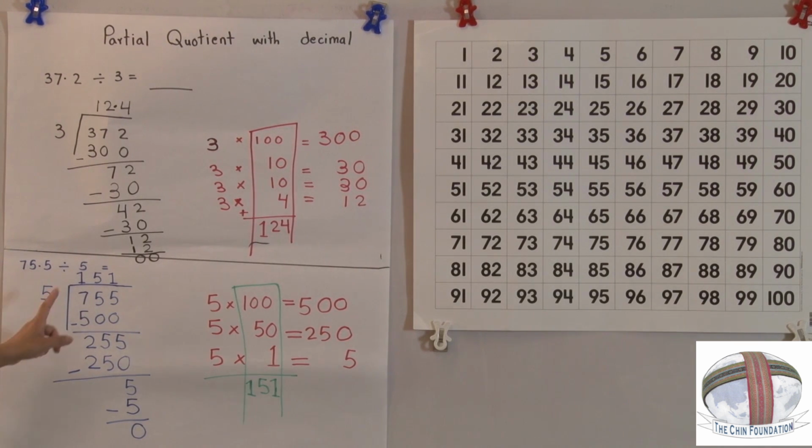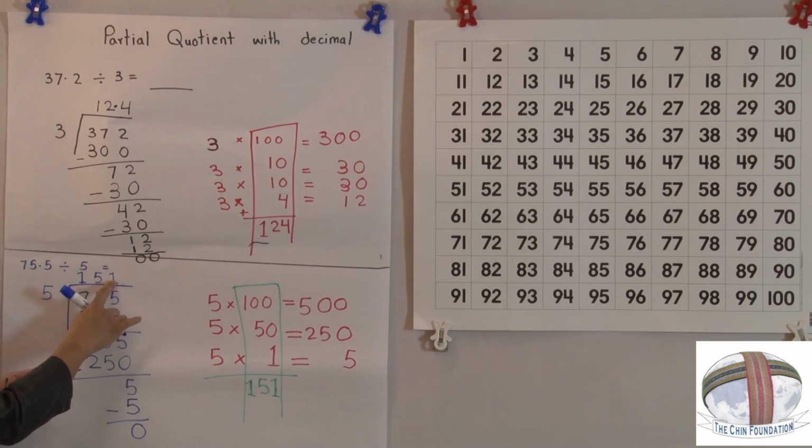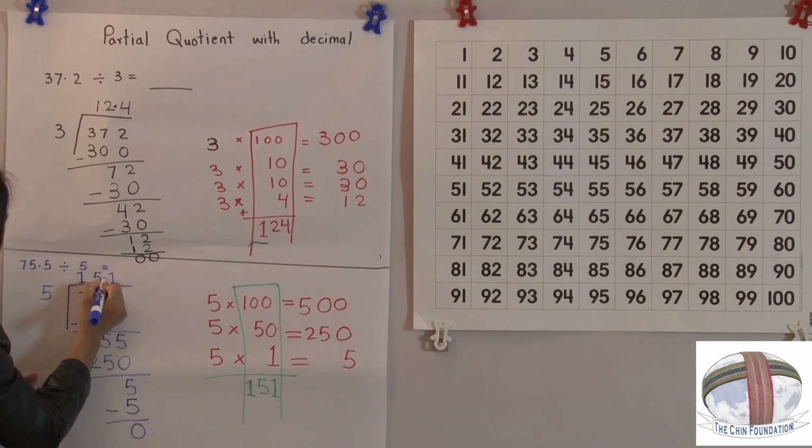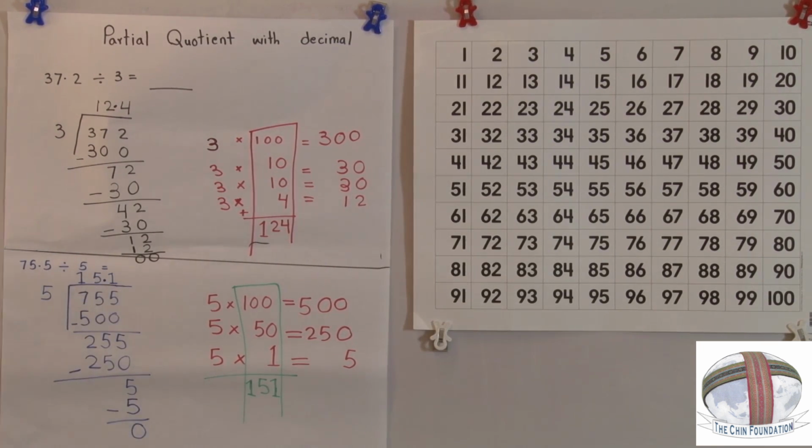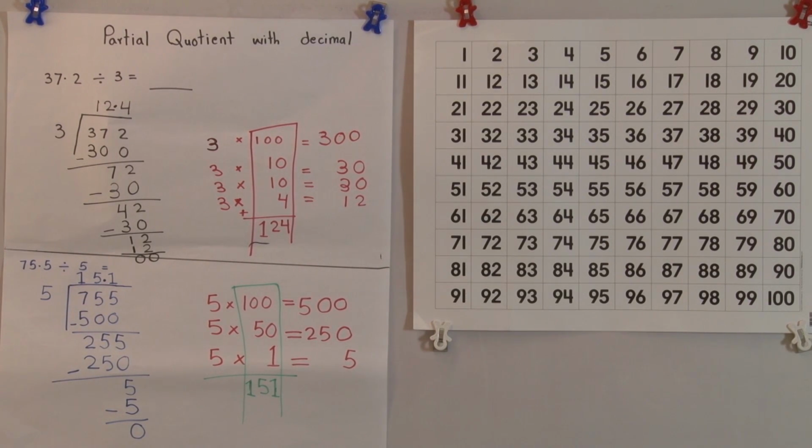Let's see. 151. 75 decimal 5. Ooh, we still need to put the decimal. Okay, so let's look at the decimal place. 1 and the 10. So 1 and the 10. We put it right here. So the quotient is 15.1. Okay, I hope that this will help you.